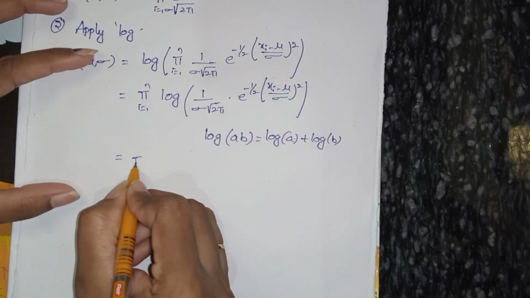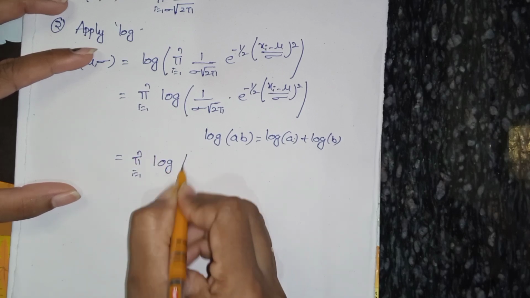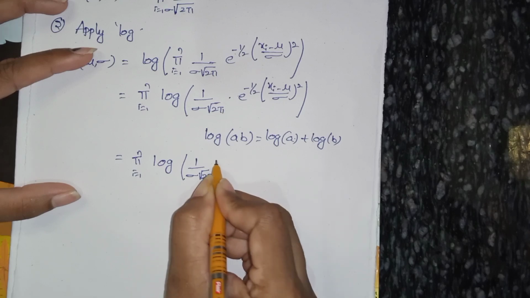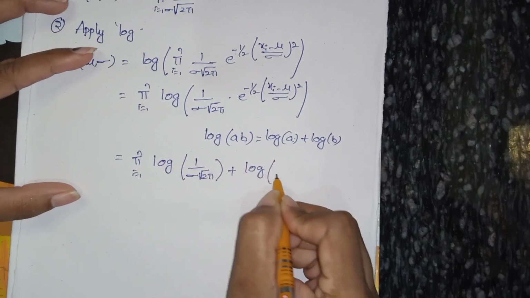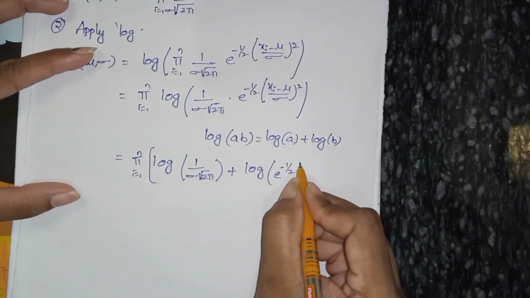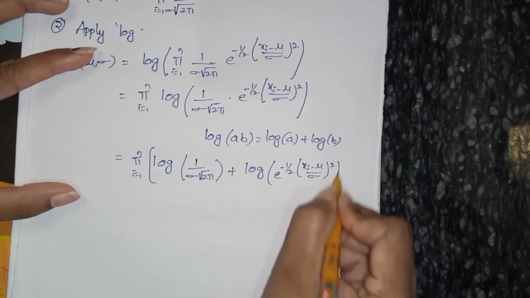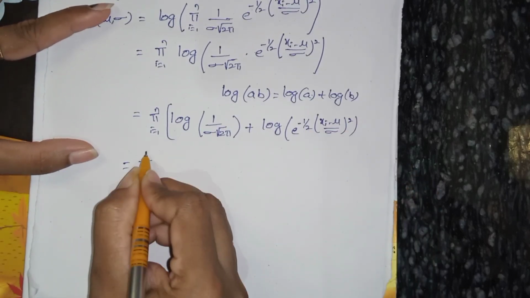So pi, i equals 1 to n, log of 1 by sigma root 2 pi, plus log of e to the power of minus 1 by 2 (xi minus mu by sigma) whole square. Pi, i equals 1 to n.